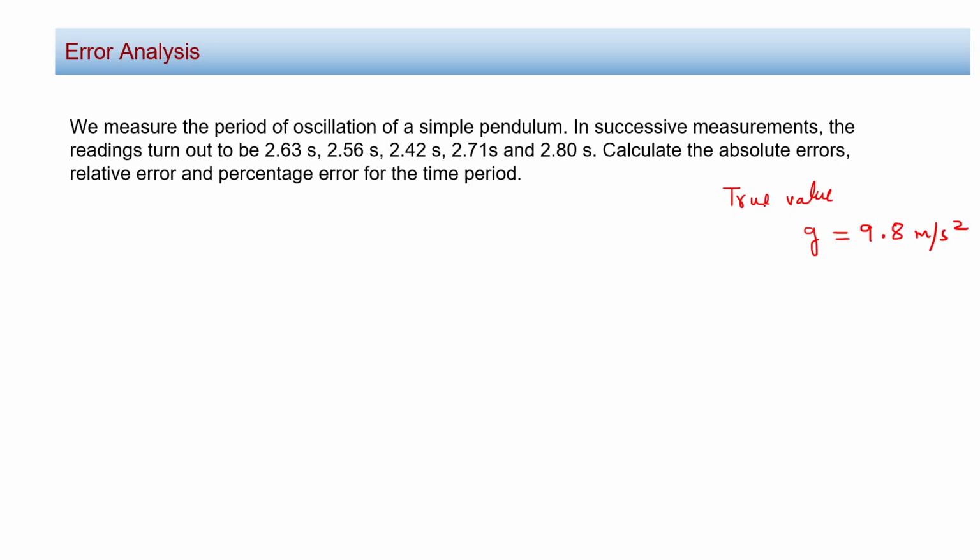But there are certain times when we are doing some experiment where the true value we are not sure about. Here is an example where the person is conducting successive measurements, I think 5 times they have carried out, and these readings come out to be different. Here we don't know what the true value is, so we'll take mean or average of all these 5 values and consider that to be the true value.